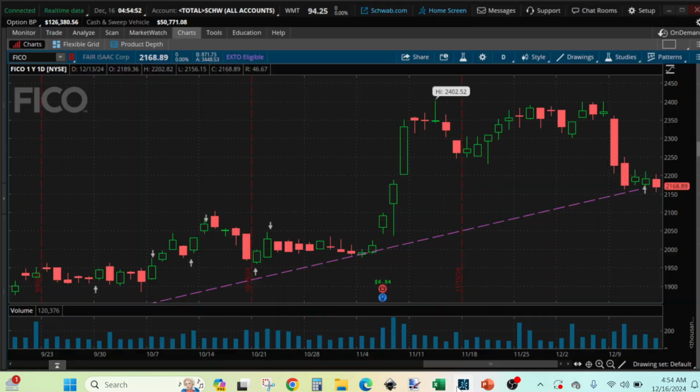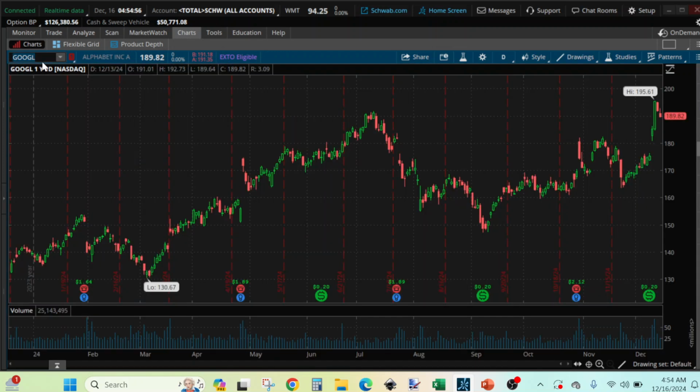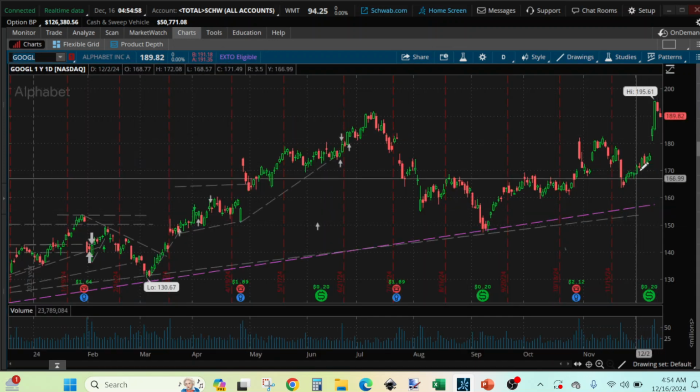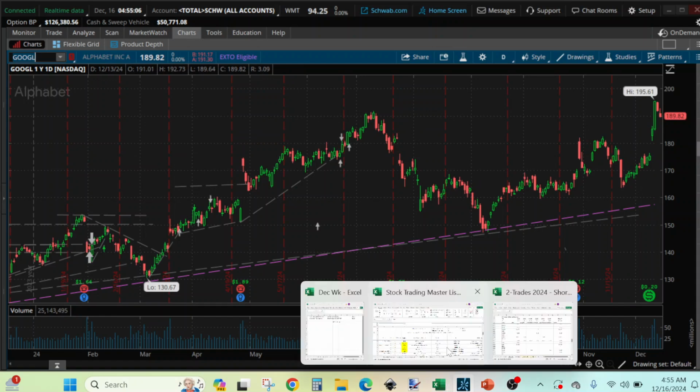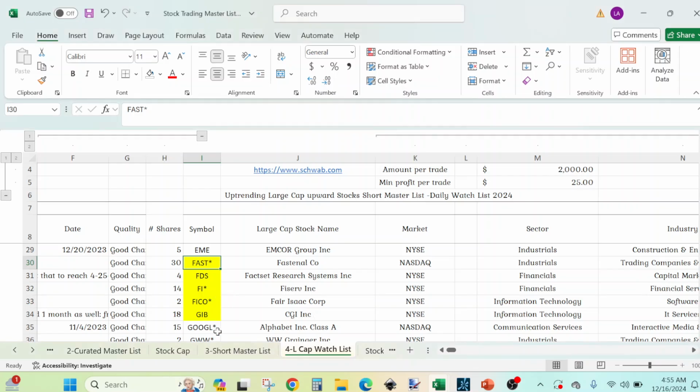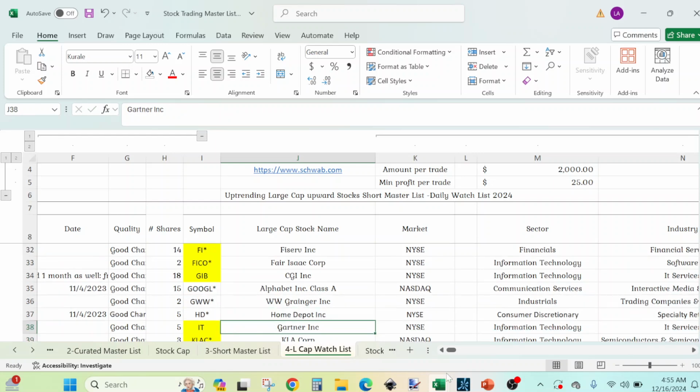Google reached the highest point of the year and is pulling back. GWW.